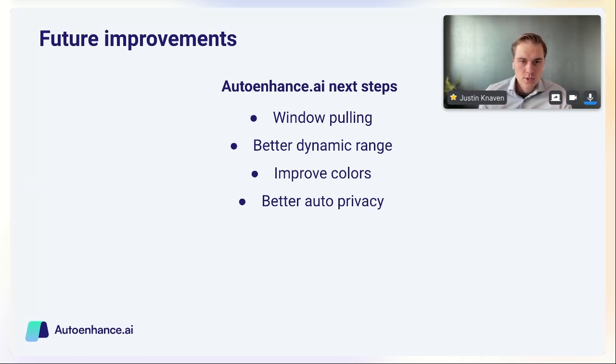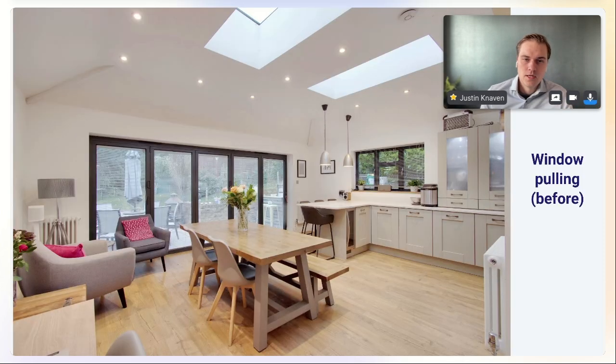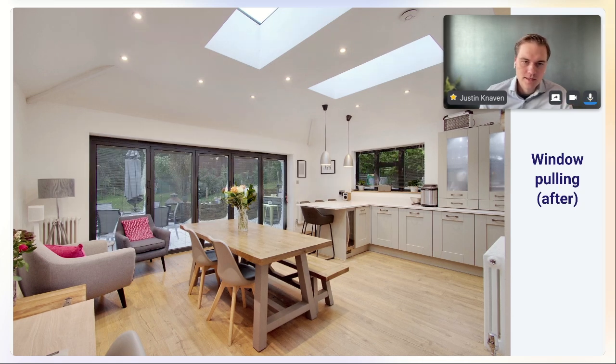So to give you some examples of these future improvements or improvements we're currently working on for window pulling, this is again the image we just looked at, but then without window pulling. And if we look at like an initial version of our window pulling test, we're able to detect the windows and, like I mentioned, exposing the exteriors better.